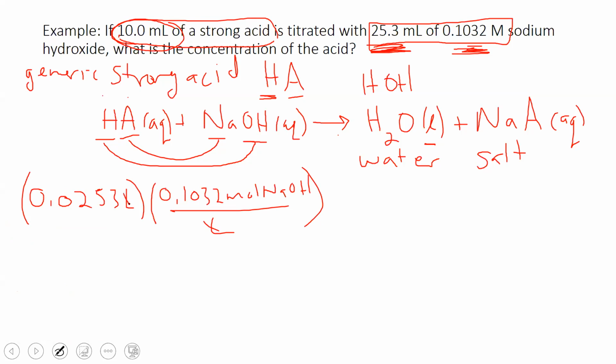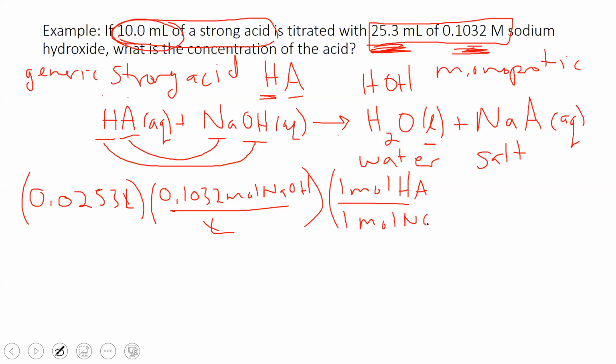Those liters cancel out. Then we also want to know the mole ratio of the two. If I tell you it's a strong acid, it's going to be monoprotic, meaning there's one proton. So we have 1 mole of HA for every 1 mole of sodium hydroxide.